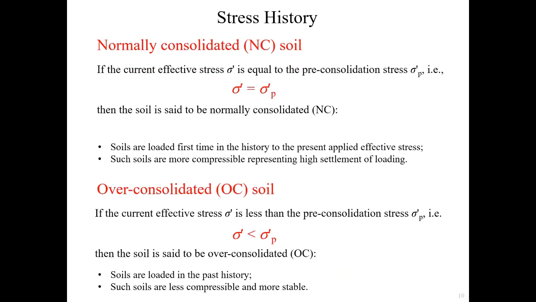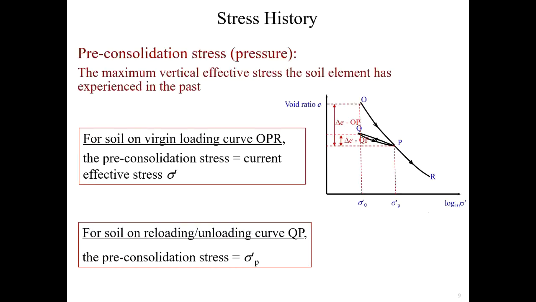Now let's look at the stress history. Here we have the definition of the pre-consolidation stress, or pressure. This is the maximum vertical effective stress that the soil has ever felt in its existence, as long as the soil has maintained its soil fabric.